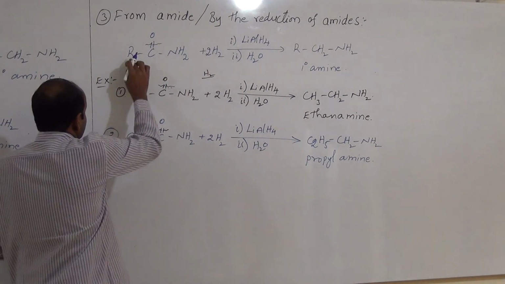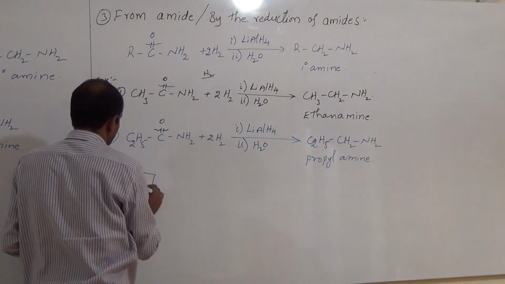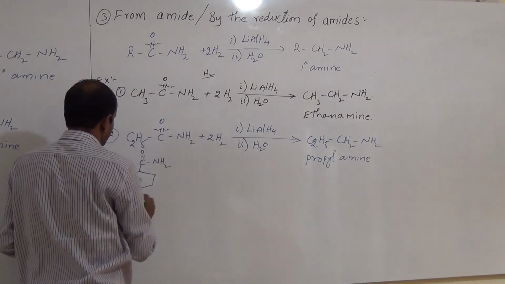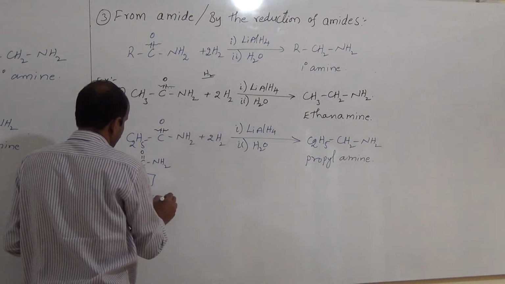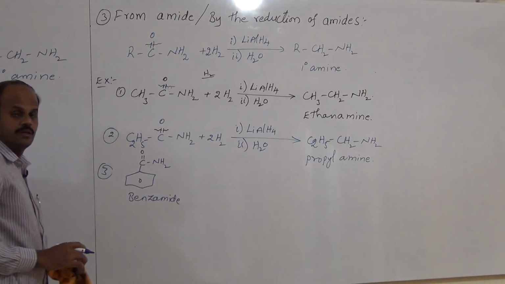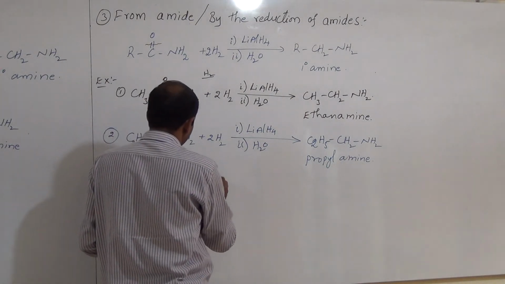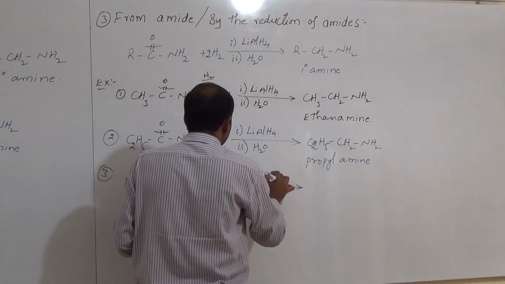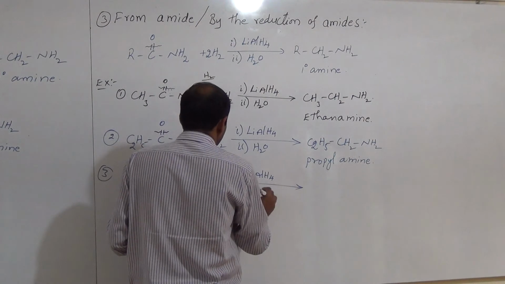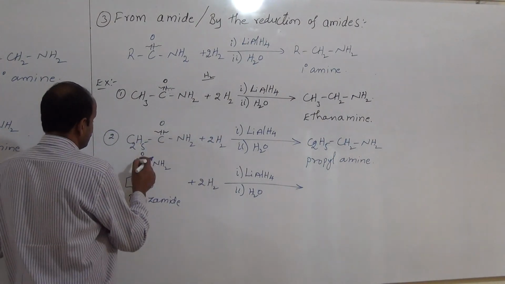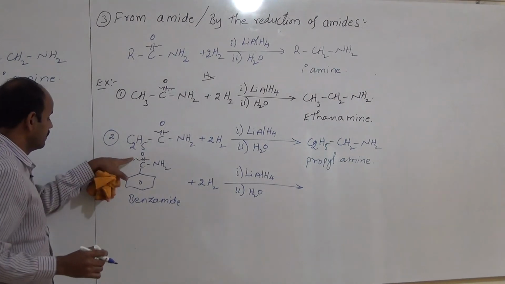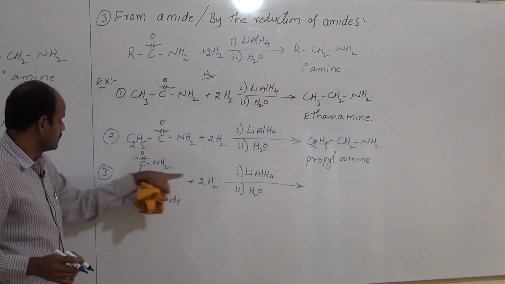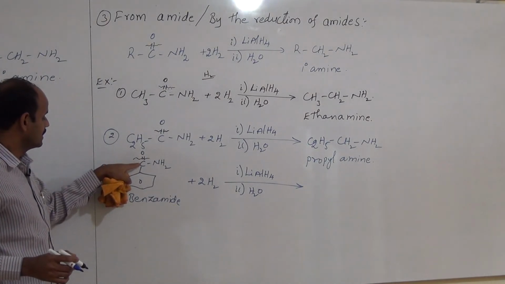You can take aryl group instead of R. This is the benzamide, which undergoes reduction in the presence of lithium aluminum hydride followed by hydrolysis. Then bonds break down, two hydrogens and one oxygen are removed as H2O, remaining two hydrogens are attached on this carbon.